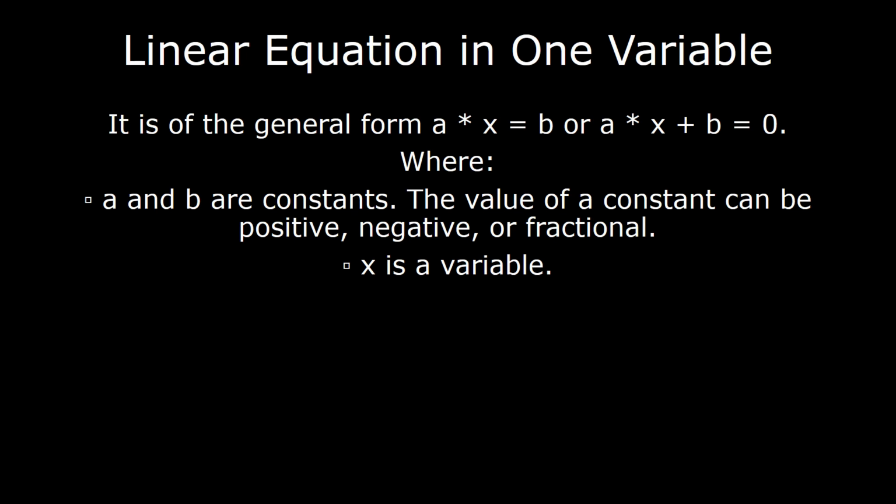Now, a and b can be positive, negative, fractional, but they must be constant values and will be given in the question. However, x is the variable which is usually the thing around which our questions will revolve.